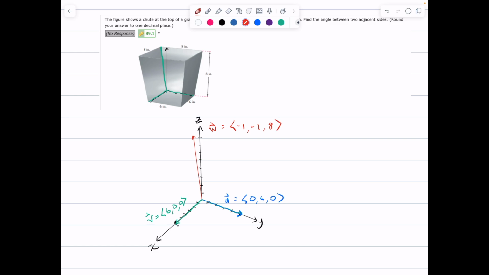And so we end up having this plane here, from these vectors. So that's going to look something like this.